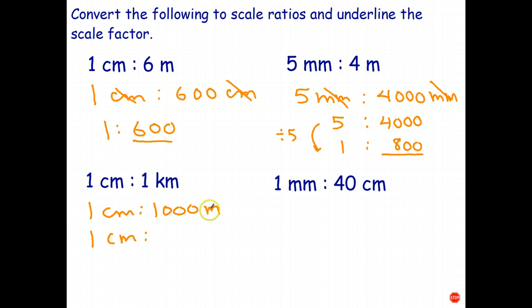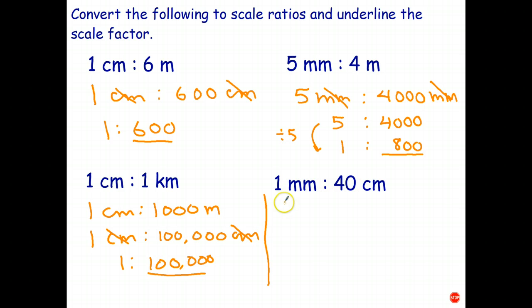To convert meters to centimeters, we multiply by 100, and that gives us 100,000 centimeters. Now that the units are the same, we can cross them out, and we get 1 is to 100,000. And scale factor, of course, is the 100,000.